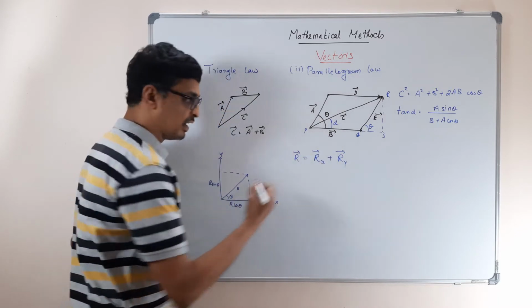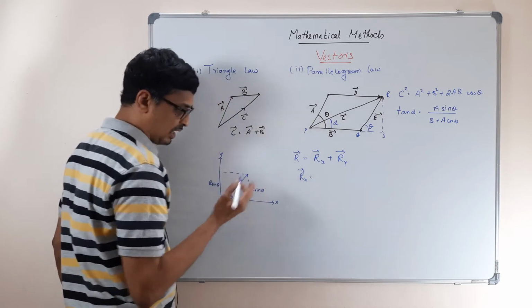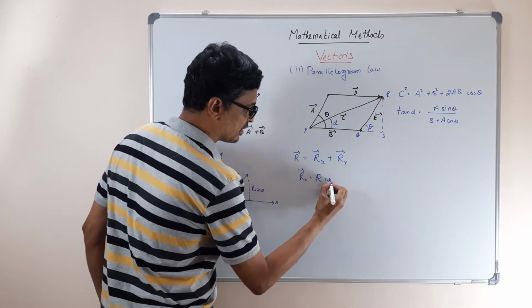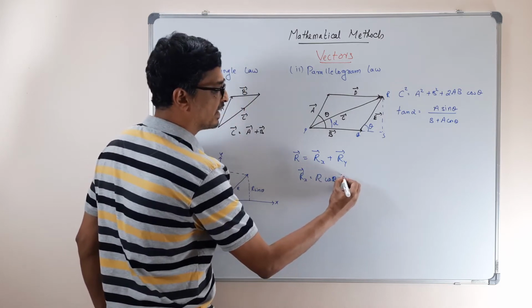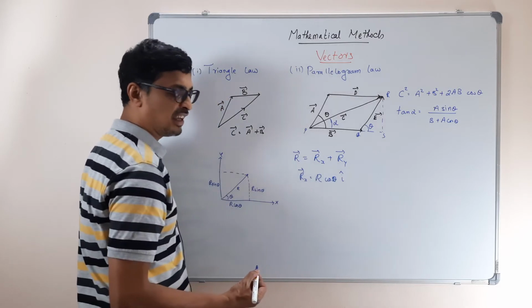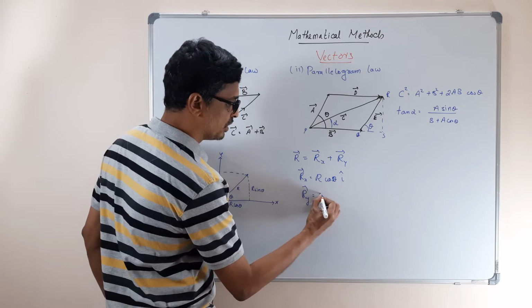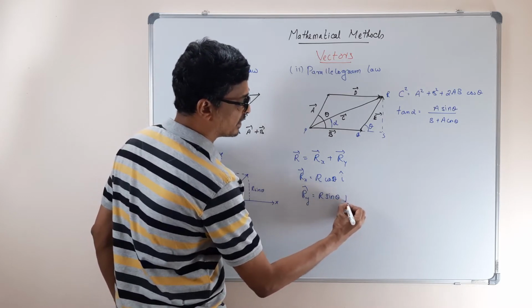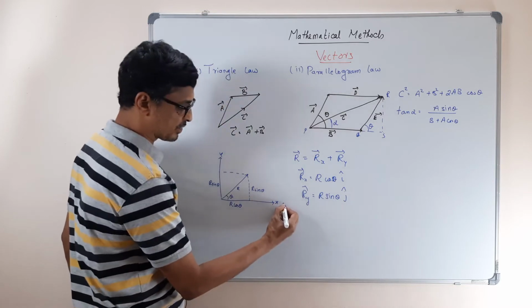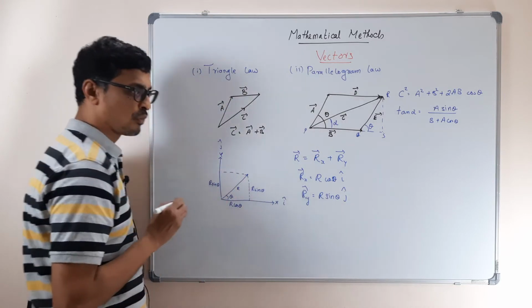And the rx vector will be equal to r cos theta, and the direction is the unit vector along the x-axis, correct? And ry will be equal to r sin theta, and that will be along j cap, because this direction is called your i cap and this is your j cap.